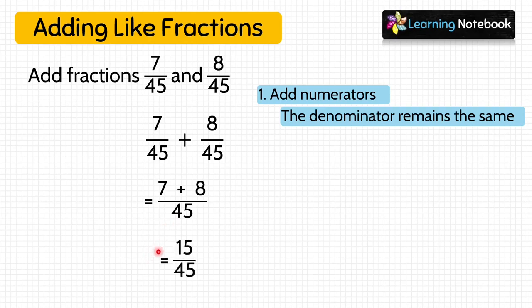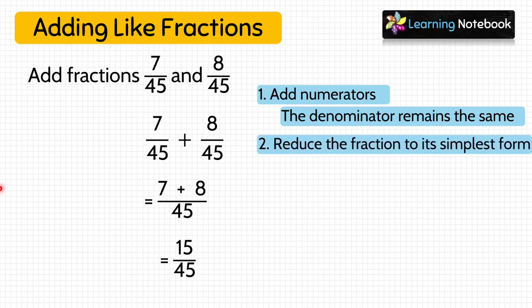7 plus 8 is 15. So we get the fraction 15 by 45. Now students, look at this fraction carefully. You will find that this fraction is not in its simplest form. So we will reduce this fraction to its simplest form.